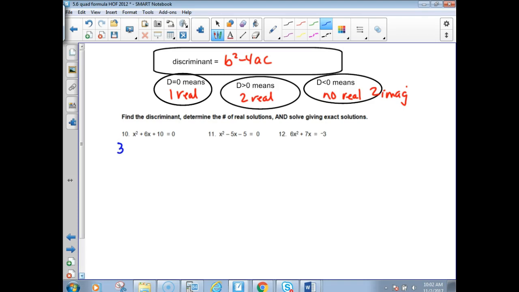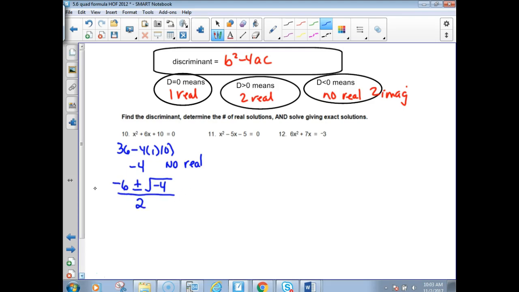So if you're just doing the discriminant, you should have found out that you get -4, which means there are no real solutions. Now that you found the discriminant, we want to do the whole quadratic formula. So the opposite of b would be -6 plus or minus the square root of what we got for the discriminant, which was -4, all over 2 times a, which would be 2 times 1, and that's 2.